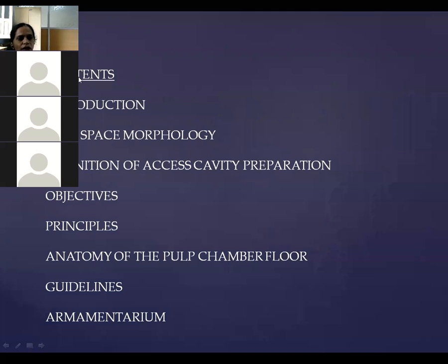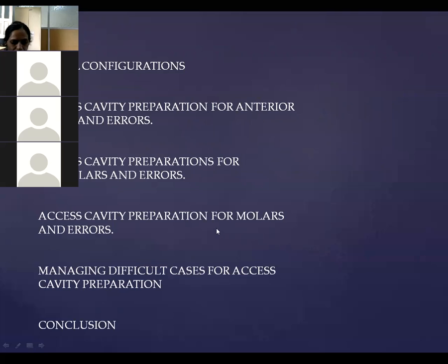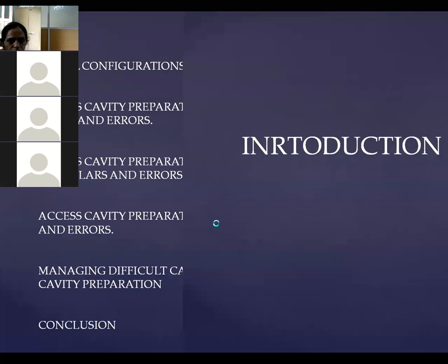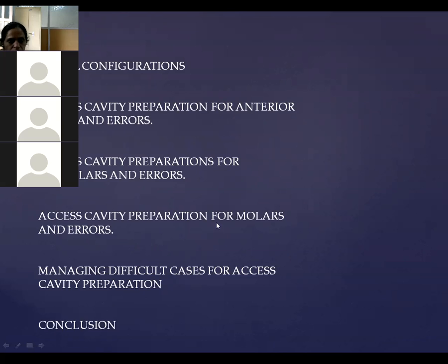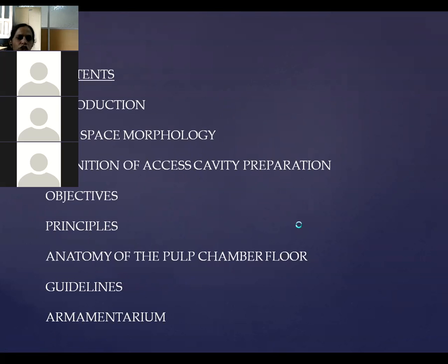We are going to see the introduction. When we want to remove the pulp, we should know how the pulp is in the pulp chamber and in the root canal, so we should know the pulp space morphology.